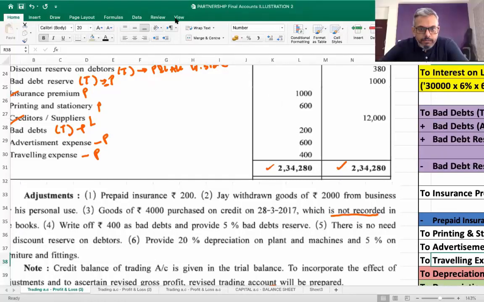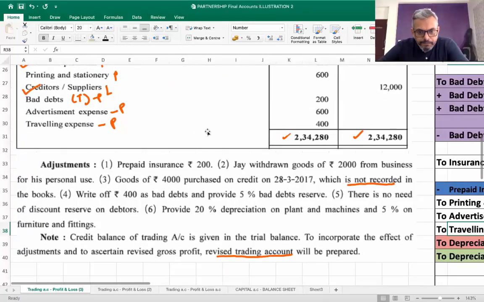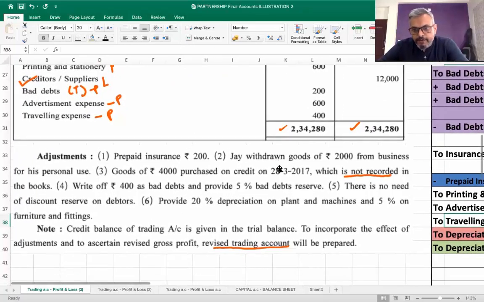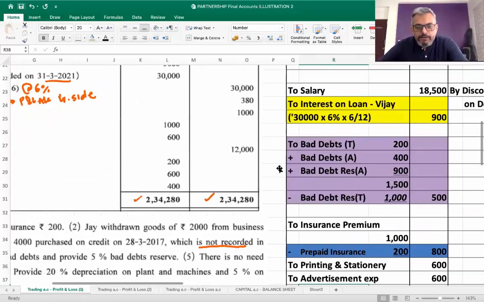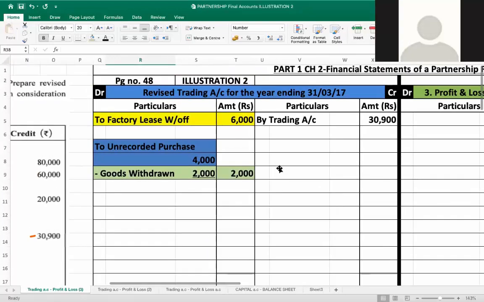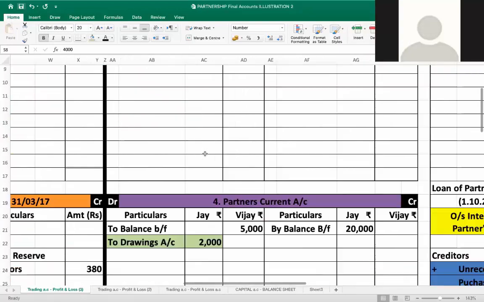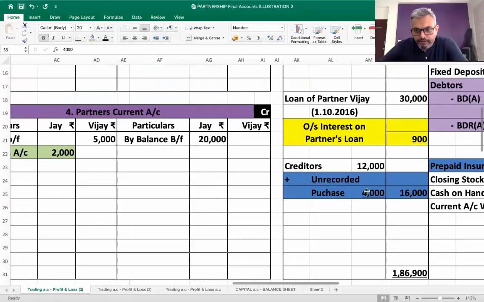Now, okay. Second adjustment we'll do later. Third adjustment is what we did. Goods of 4,000 purchased on credit, which is not recorded. So unrecorded purchase 4,000. You add to creditors 4,000.